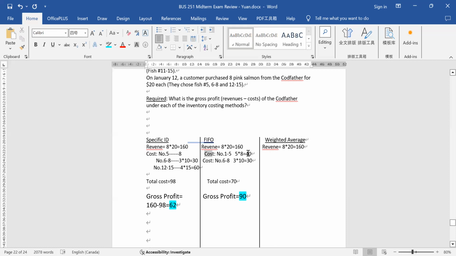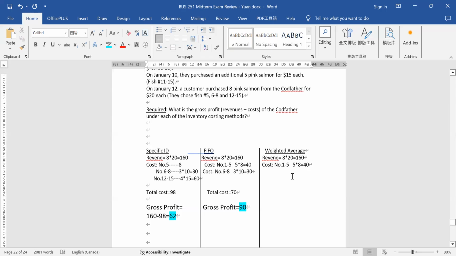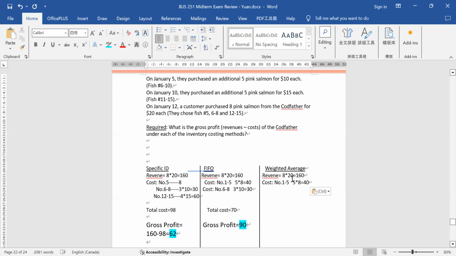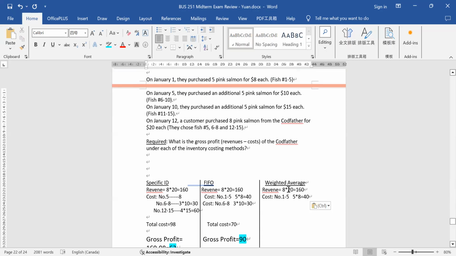And for the weighted average, the cost for number 1 to 5 is the same. We purchased 5 fish for $8 each, so it's the same, $40.